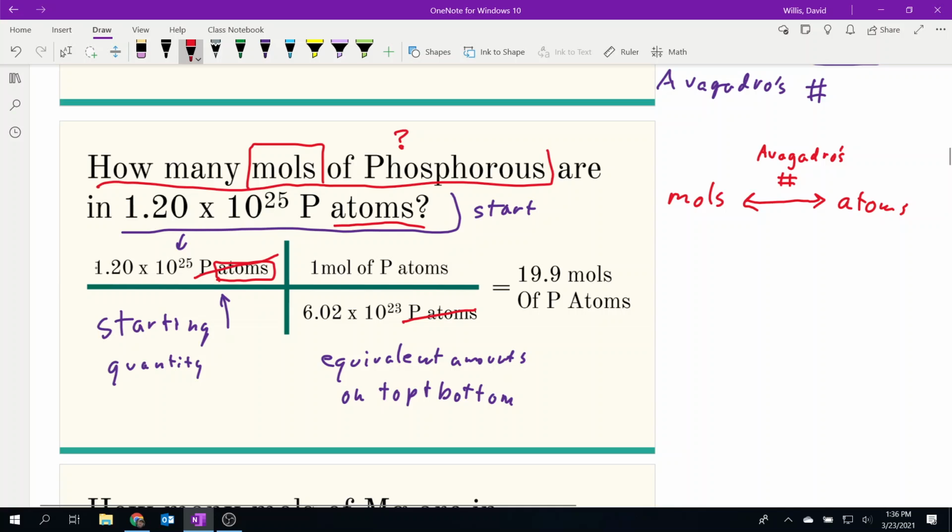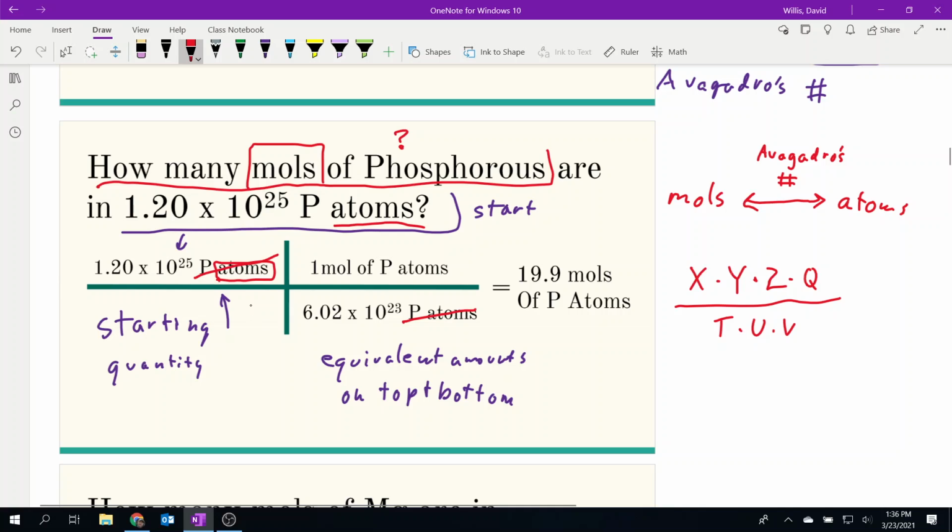Remember that what we're really doing is we're multiplying all the way across the top. So I've got x times y times z, times whatever, and then divided by whatever's on the bottom, t times u times v. All right?